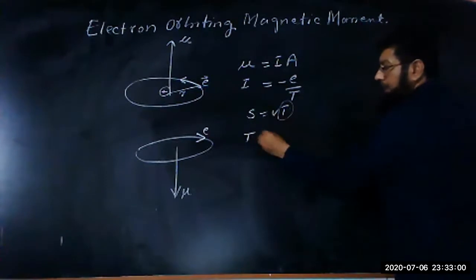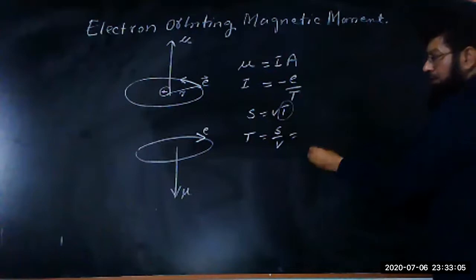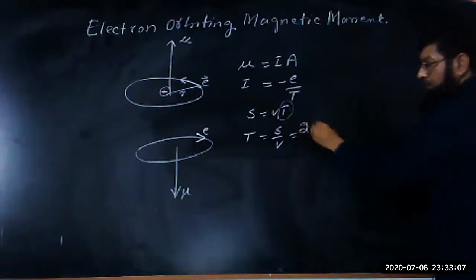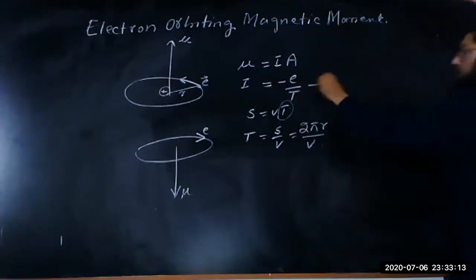So T is equal to S upon V, and this S is the circumference of the circle, which is equal to 2 pi r. So T is 2 pi r over V. This is equation number 1.